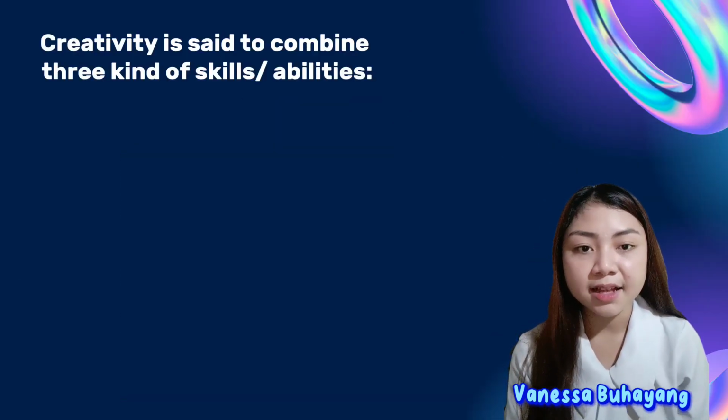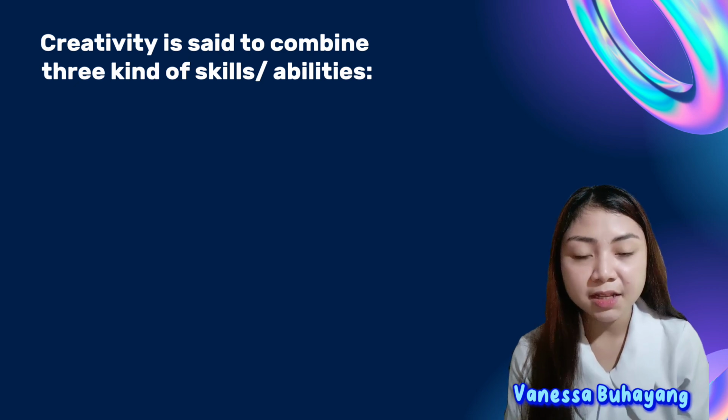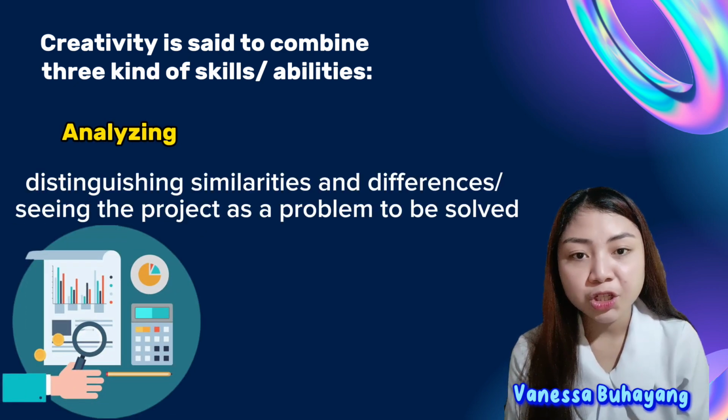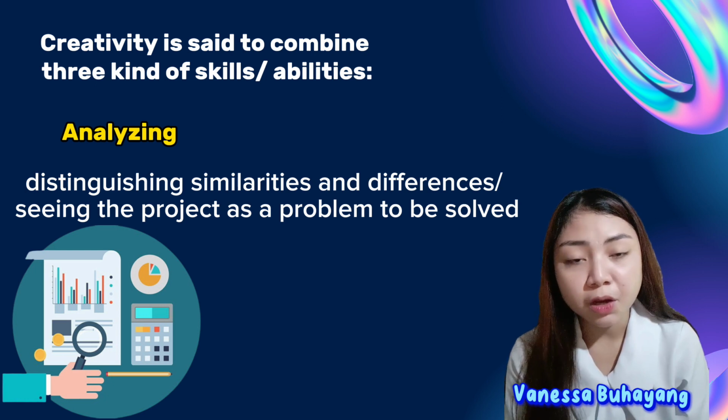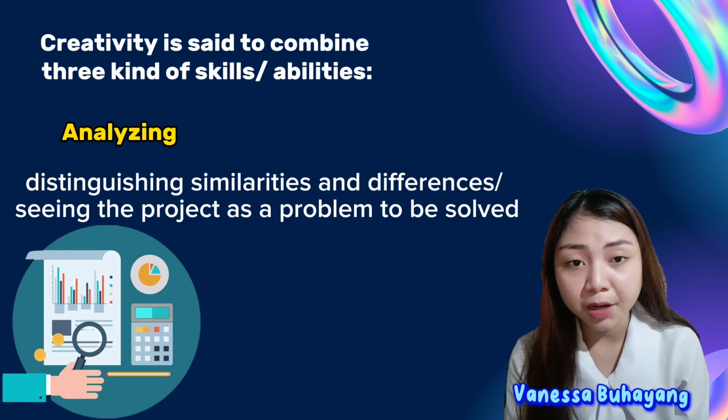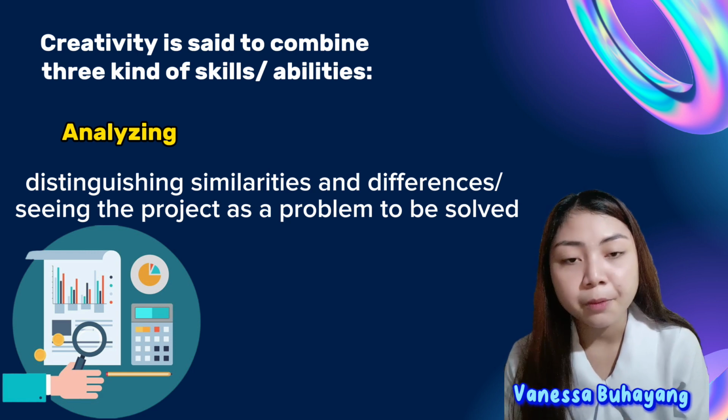Creativity is said to combine three kinds of skills or abilities. The first one is analyzing, distinguishing similarities and differences, seeing the project as a problem to be solved. It means to study something closely and carefully, to learn the nature and relationship of the parts of something by a close and careful examination, like analyzing a problem.